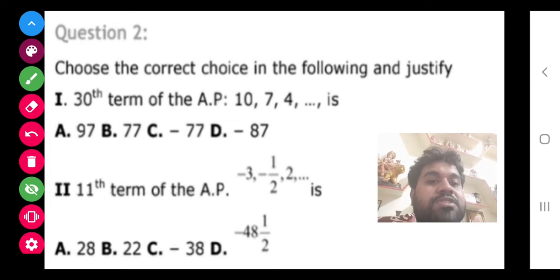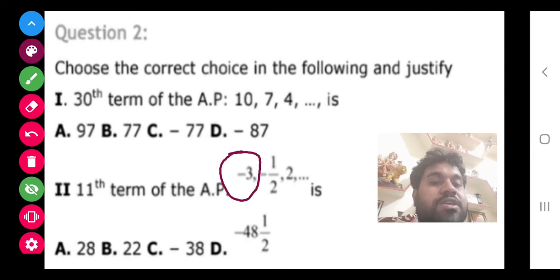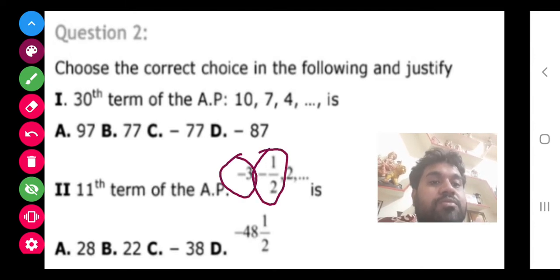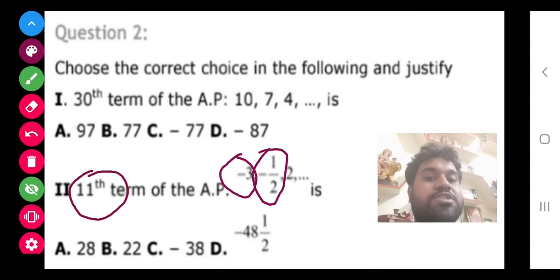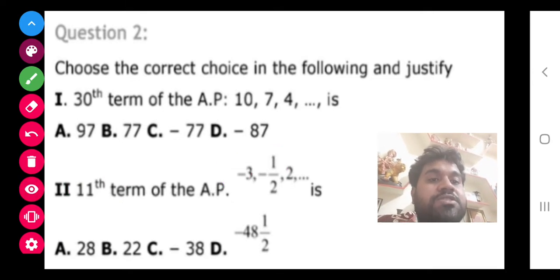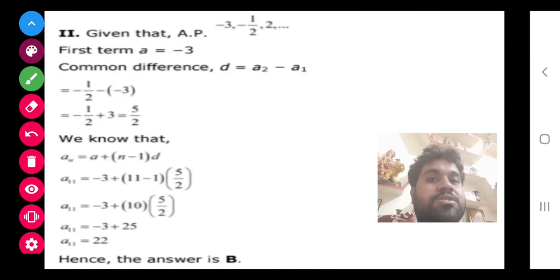In the second part it is given in fractions, so there is some calculation in this, but let's go with it. This is minus 3, that is the a. Now 1 by 2 minus 3 by 2 you will determine, you will get your d. n is this much. Now substitute the formula and you will get your answer.